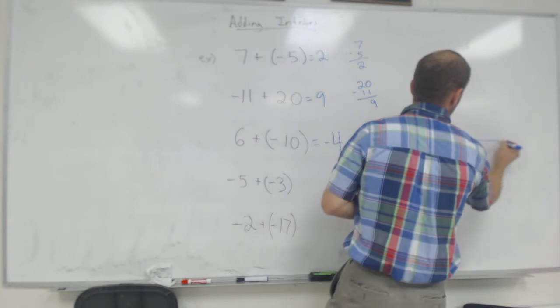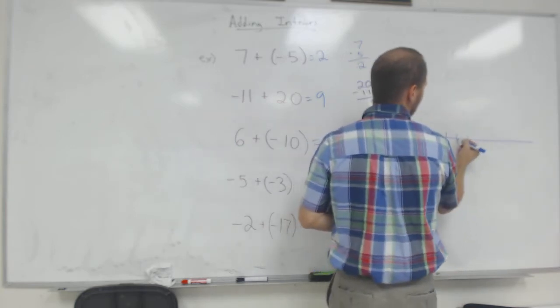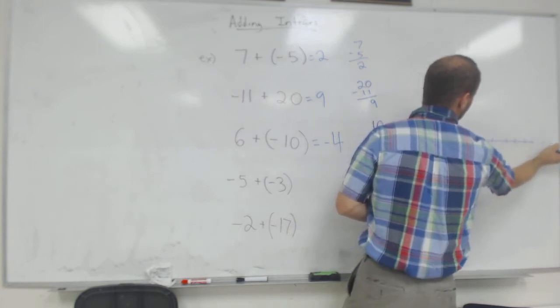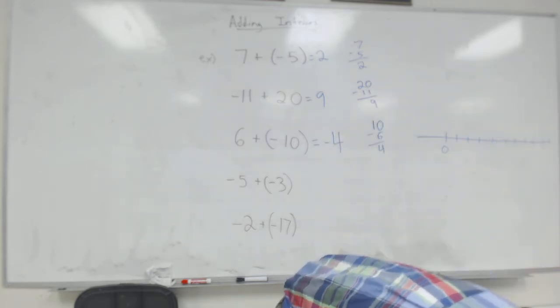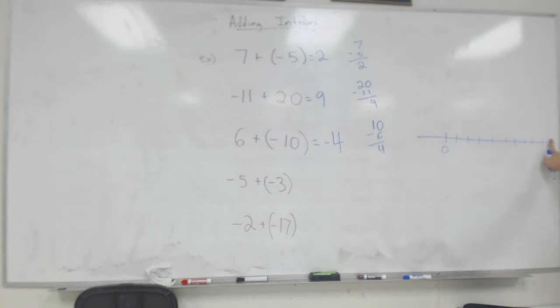I think for everyone, because I'm sure a lot of people have questions, 1, 2, 3, 4, 5, 6, 7, 8, 9, 10. Actually, I didn't even need to go that far. We're not at 10, we're at 6. 1, 2, 3, 4, 5, 6.